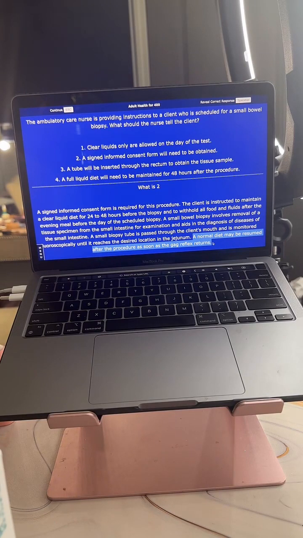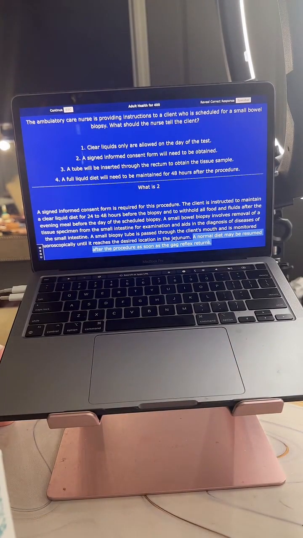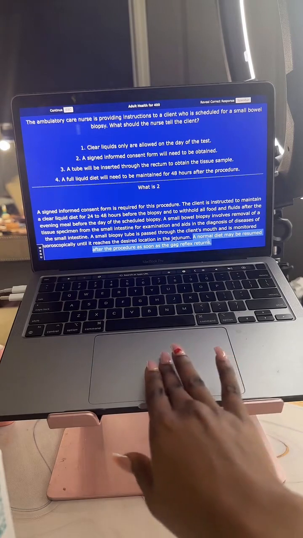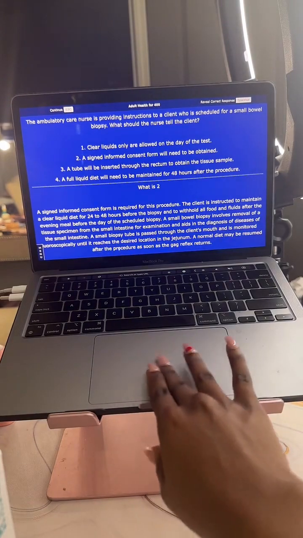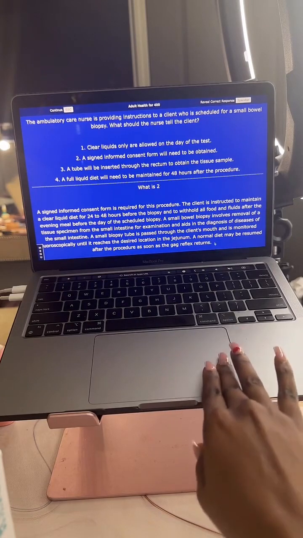The theme of the NCLEX is client safety, and that's what you're going to expect to get the most questions about. So whenever you have any type of surgery or procedure, especially one involving anesthesia, and they're asking, when can I eat again? When can I ingest something again? A normal diet can be resumed after procedures as soon as the gag reflex returns.